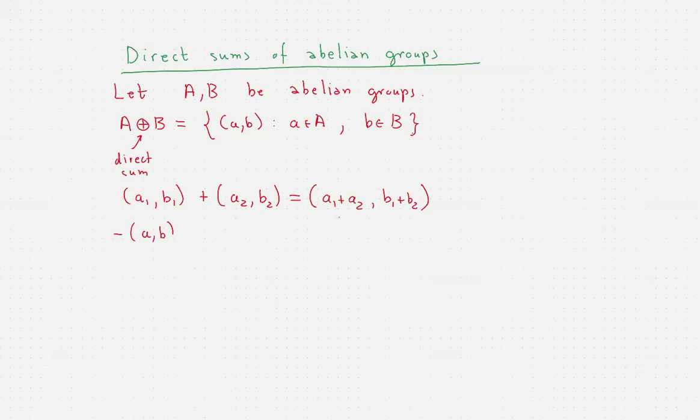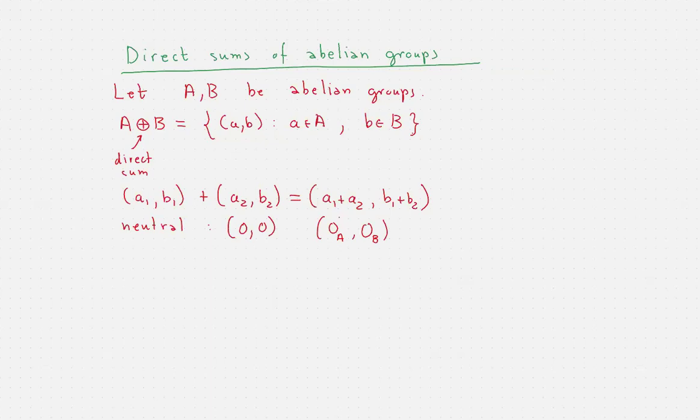Of course, maybe it should be a little more natural to say what the zero element is going to be, the neutral element. So the neutral element is going to be (0, 0). Sometimes what people will write here is 0 of the group A, comma, 0 of the group B. This is to remove any ambiguity about what these elements are, because strictly speaking, the 0 of the one group has nothing to do with the 0 of the other group.